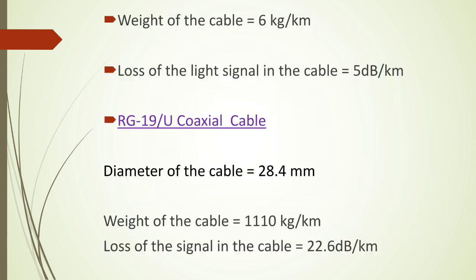You see, if we compare the loss in the optical fiber with the loss in the metallic cable, the loss in the fiber cable was 5 dB per kilometer only, and the loss in the metallic coaxial cable is 22.6 dB per kilometer.